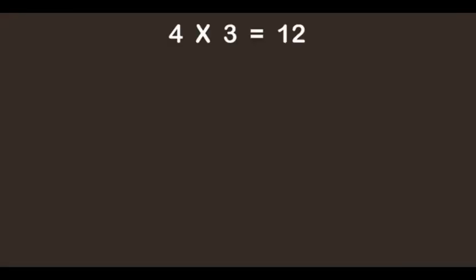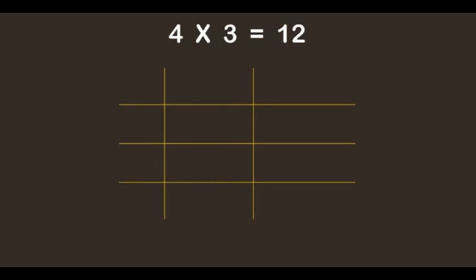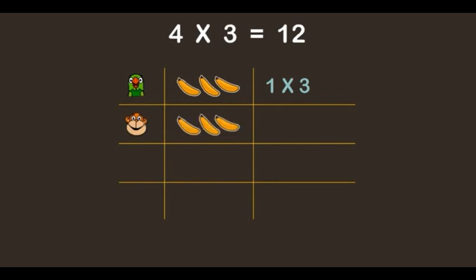There is another way to calculate 4 times 3. Let us see how. Gul needs 3 bananas for one friend. This is 1 times 3. He needs 3 more bananas for his second friend. We call this 2 times 3. For his third friend, he needs 3 more bananas. This is 3 times 3.